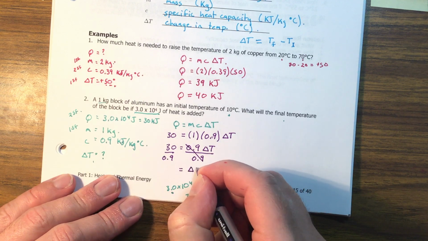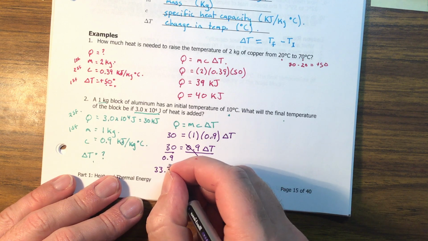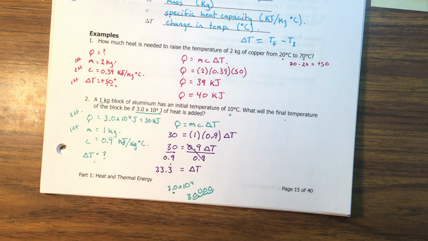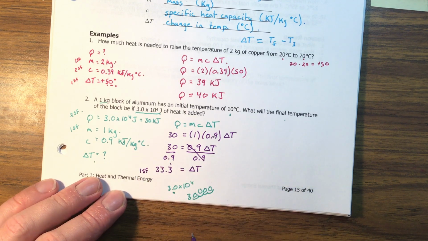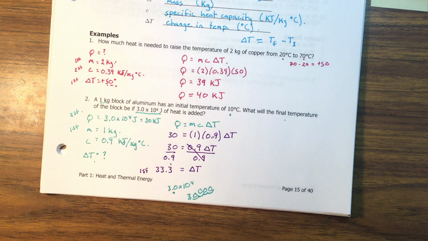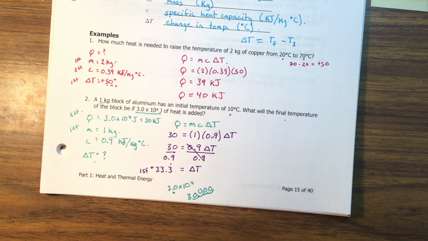Our change in temperature is 33.3. Now this is only supposed to have 1 significant figure, but we never round to significant figures in the middle of a question. So our delta T is 33.3.